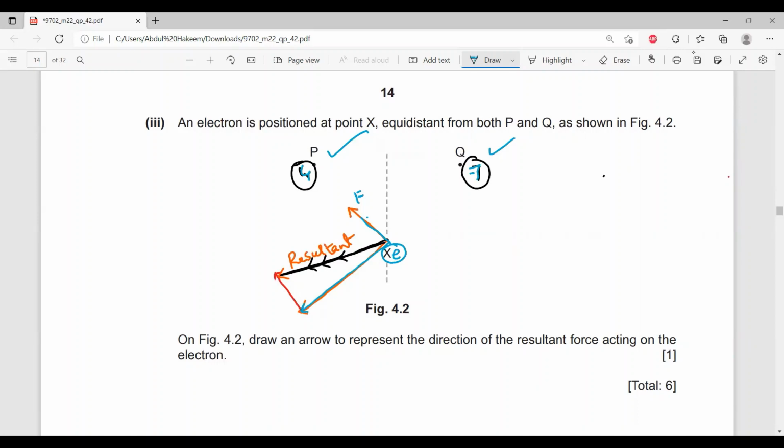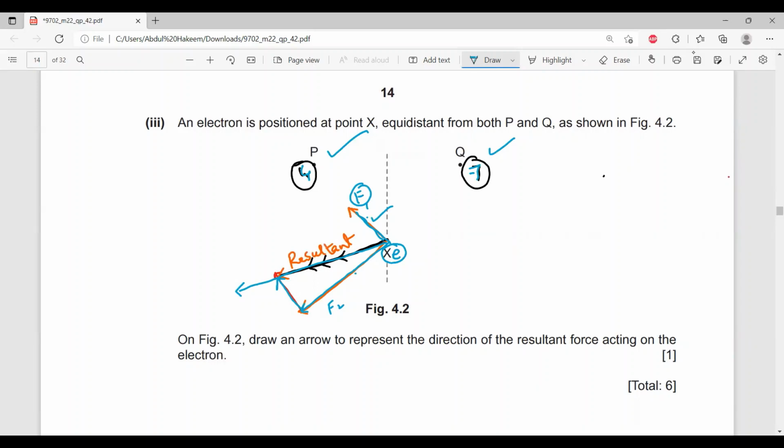So the resultant of these two forces, F1 and F2, so suppose we add this portion of the force here, then this line is the resultant. This is the direction of the motion of the electron after experiencing the resultant force from both charges.